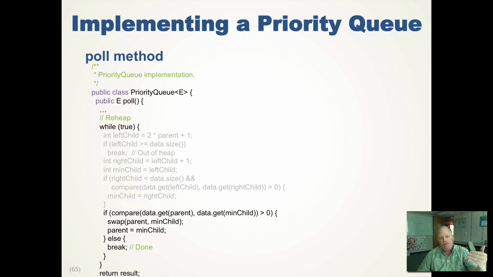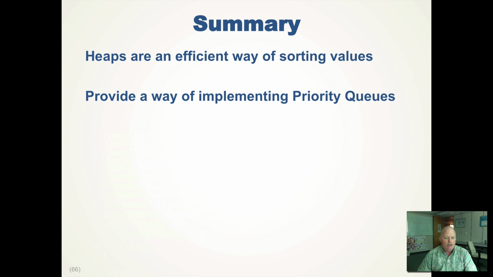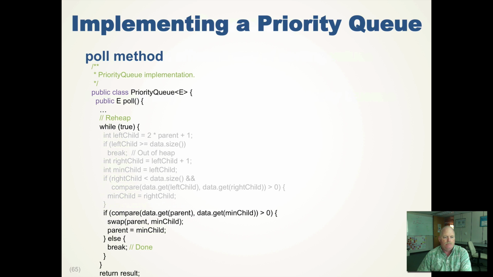Else we go back to the top of the loop, recalculate left, break if left is too large, recalculate min, keep going until we find that we don't do a swap, or we get to the leaf, and then at the bottom we return result. So we go back to the item that we remembered here. We remembered the original root, and at the end we return it. So we didn't forget that root that got swapped out.